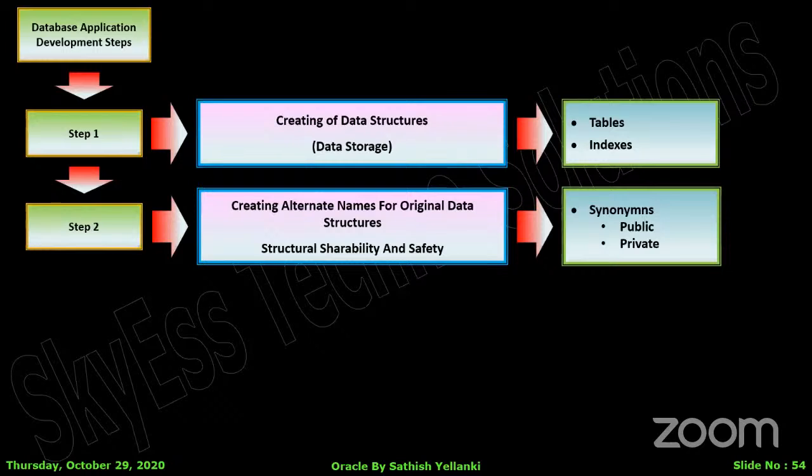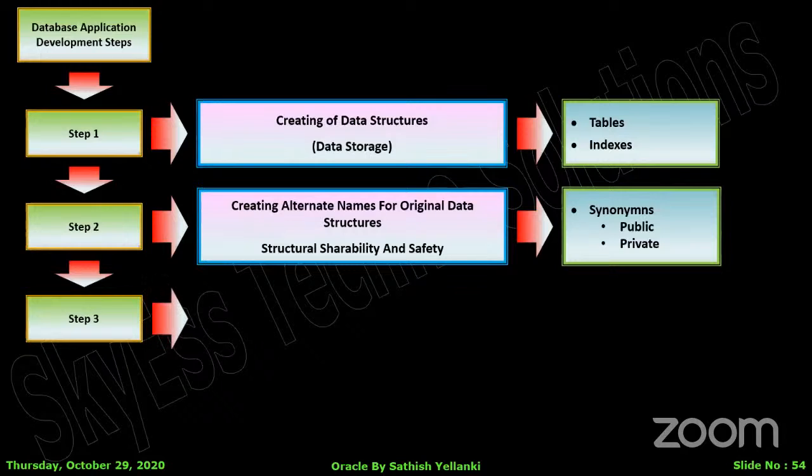Now, once these alternate structures are created, then your step 3 will begin, where we are technically worried about how the data can be accessed. Means we want to give more security and more privacy to the way the data is accessed by the people.